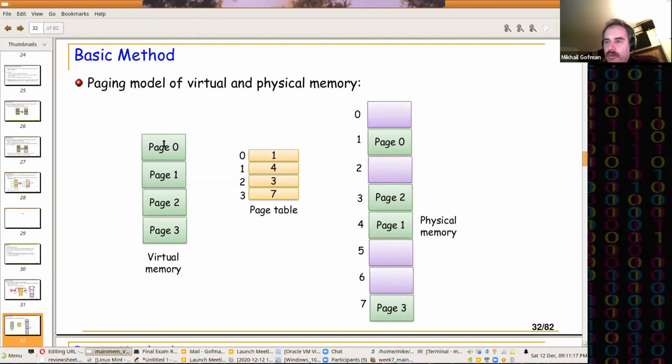Now, although the virtual pages are always contiguous, the physical frames in the physical memory that actually store the data don't have to be contiguous. For example, the physical frame that stores the data from page 0 is stored in physical frame 1. The physical frame that contains data from page 1 is stored at physical frame 4.